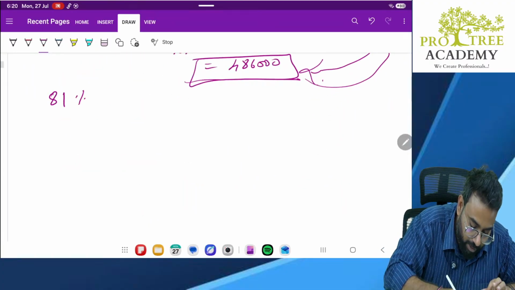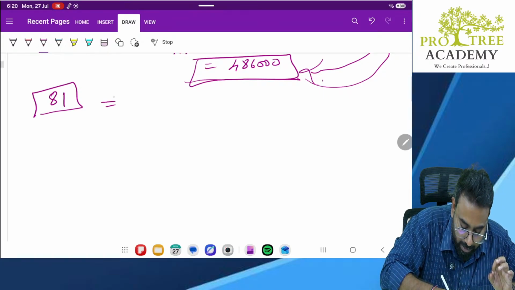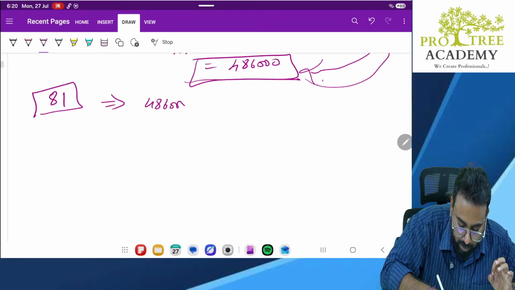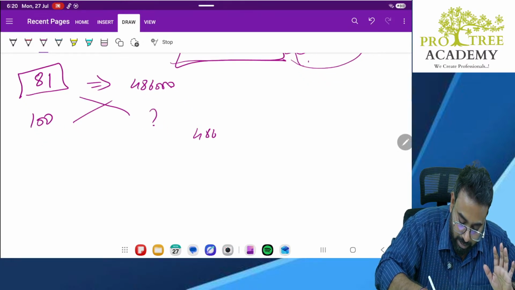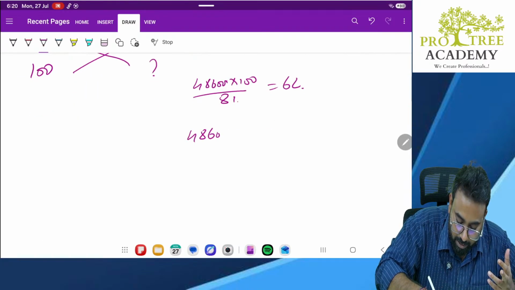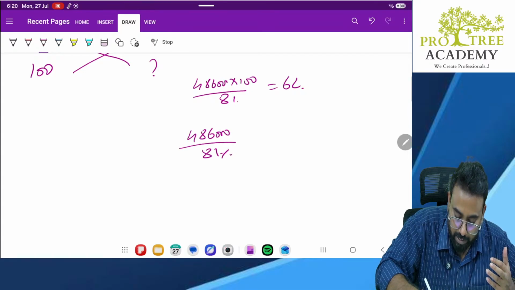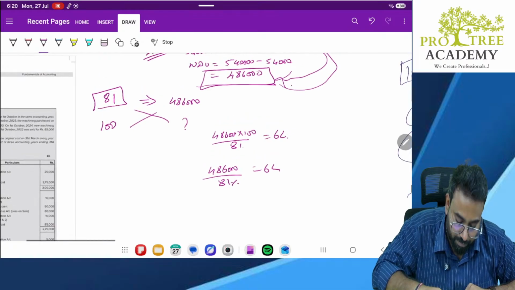Let's forget about 81%. Let's just look at it as a number. 81 is represented by 4,86,000. How much is 100? Question mark. Cross multiply. So 4,86,000 into 100 divided by 81 will give you 6 lakh. In other words, 4,86,000 divided by 81% is also going to give you 6 lakhs. I hope this is clear.